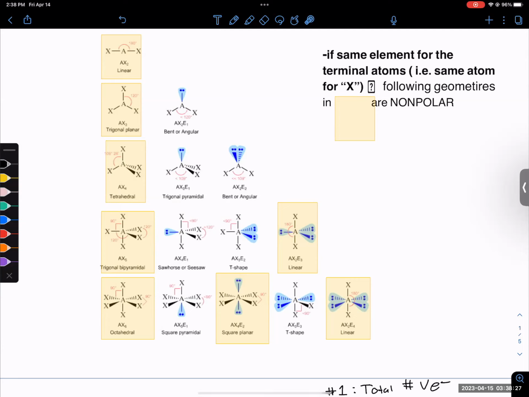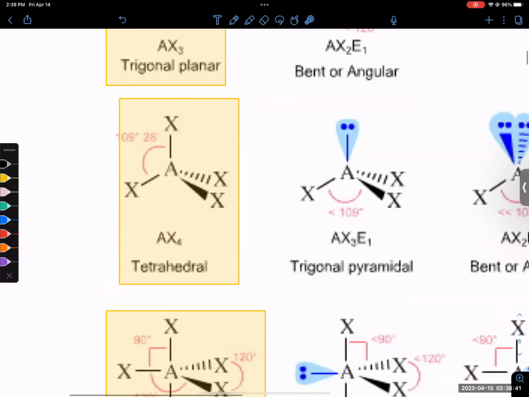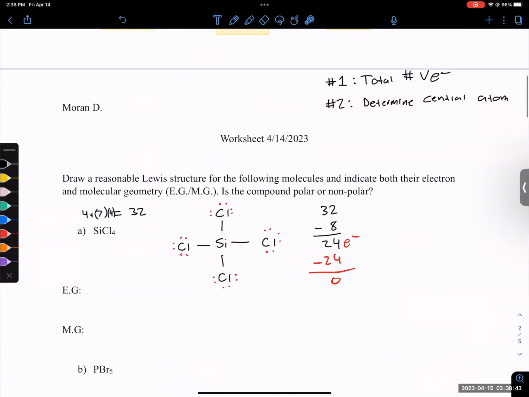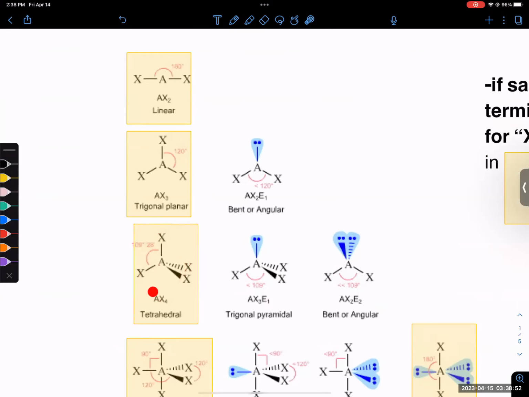So in this case, I'll just tell you the answer since this is probably a brand new thing to a lot of y'all. We have 4 terminal atoms around our central atom, so it's AX4. That's what we're dealing with right here. There are no lone pairs, so it falls under the category of tetrahedral, where its electron geometry is tetrahedral.